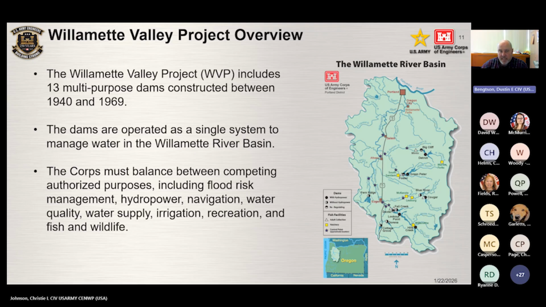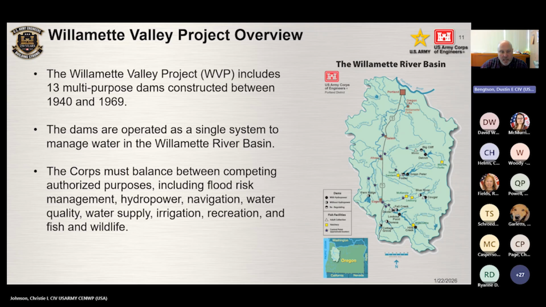These dams operated as a system across the Willamette require us to look comprehensively at how we manage public risk and flow management, but also how we provide for other authorized purposes. And those multiple purposes, I think most folks know and have probably heard myself or Eric Peterson talk about this. Our primary purpose is flood risk management.